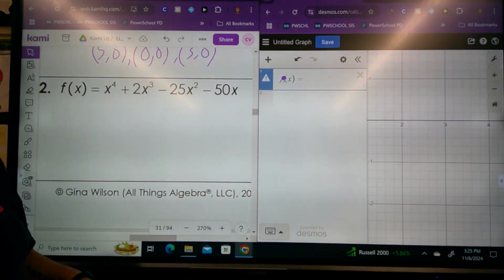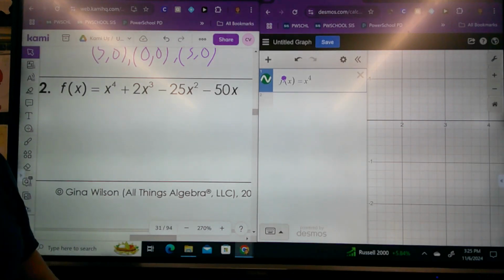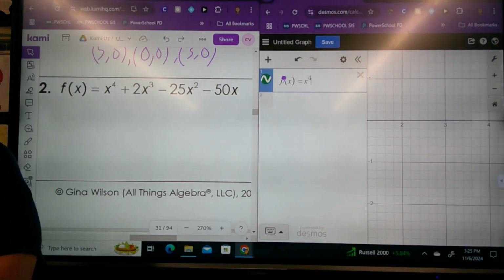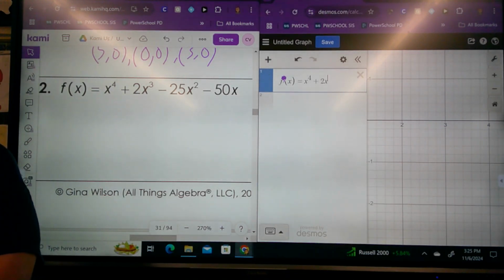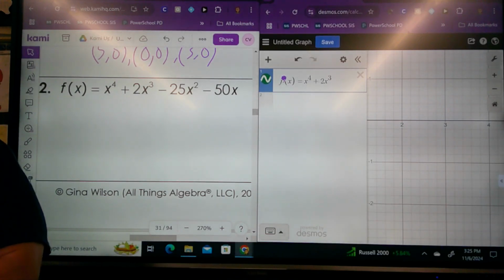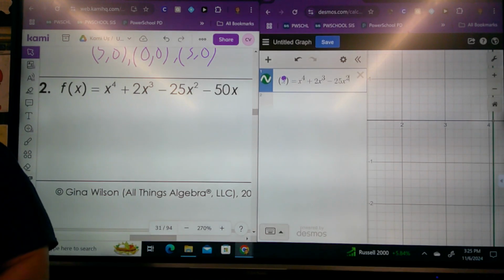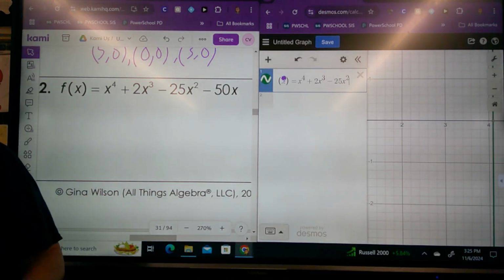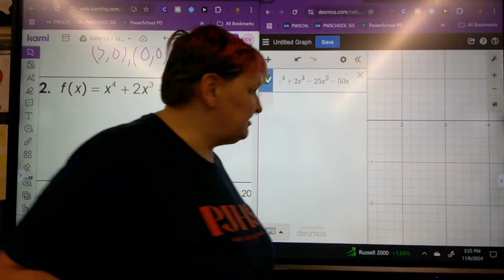Thank you, calculator. x to the 4th power, plus 2x to the 3rd power, minus 25x squared, minus 50x. Whew. Wonder what that one's going to look like.